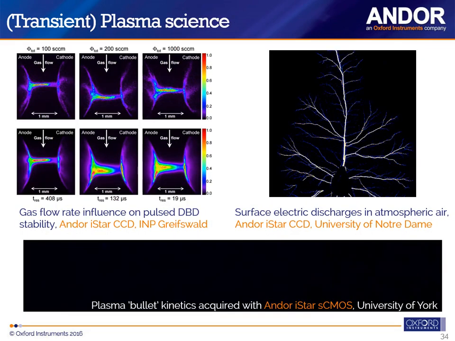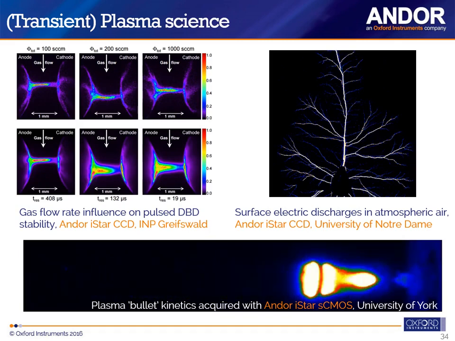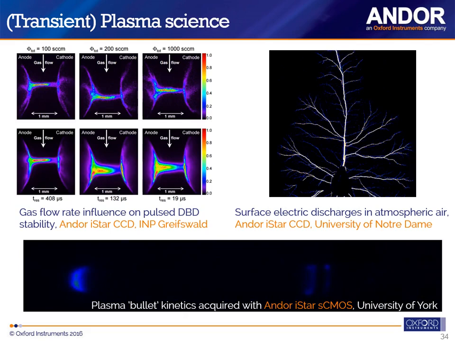Another type of application for ICCDs is plasma science, and specifically transient plasma science. Here are a few examples of different types of plasmas. On the top left is a pulsed dielectric barrier discharge, and the team at Greifswald University looked at the influence of the gas flow rate on the stability of this dielectric barrier discharge.